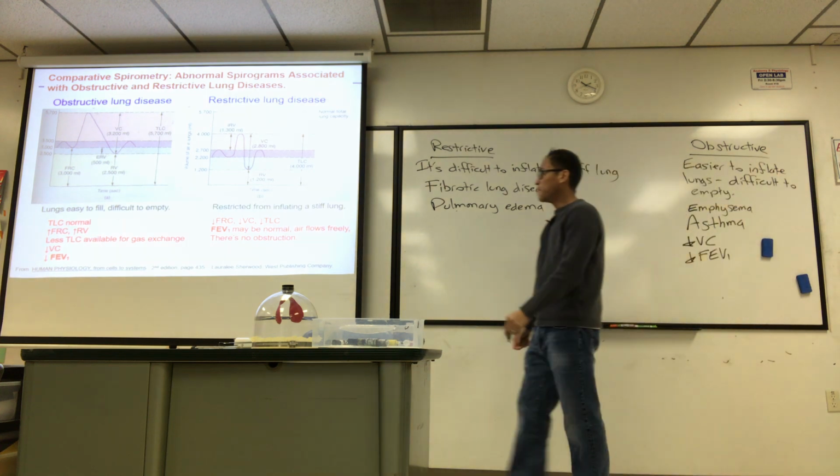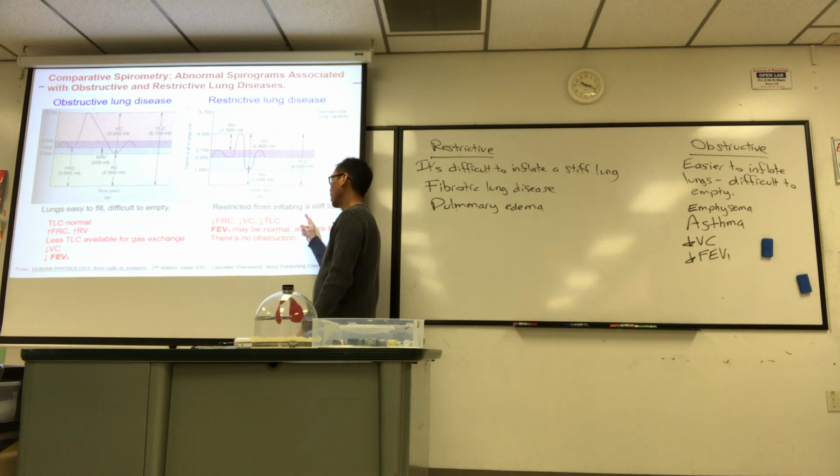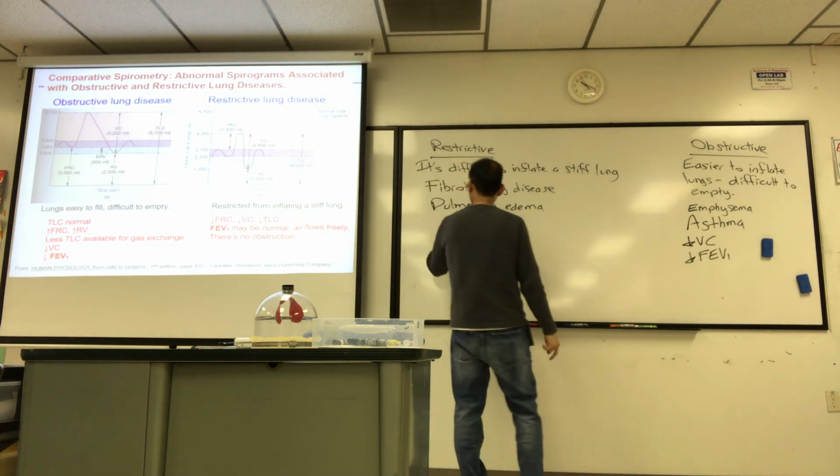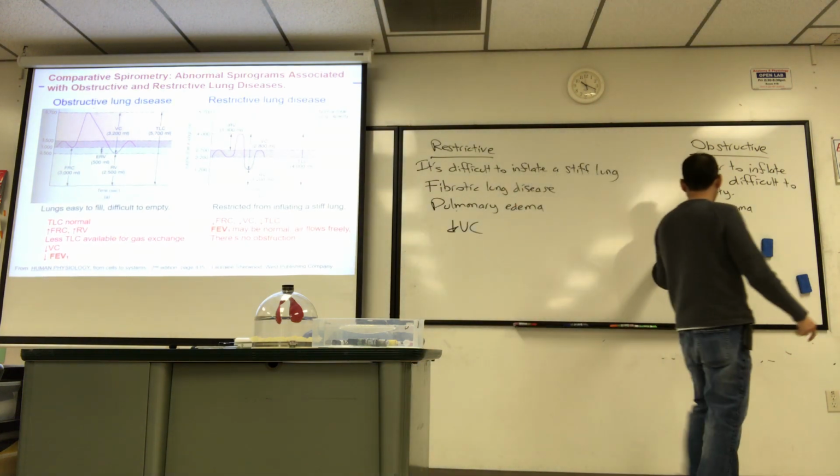And the main thing to look for with inflating a stiff lung is decreased VC. Actually, I would think VC might be normal if you do it right.